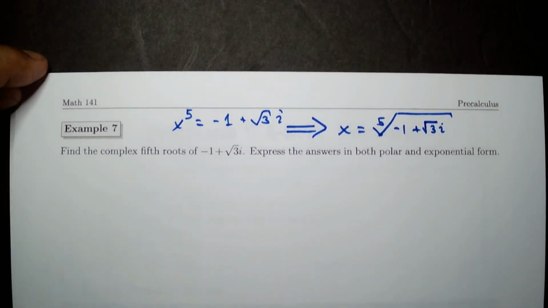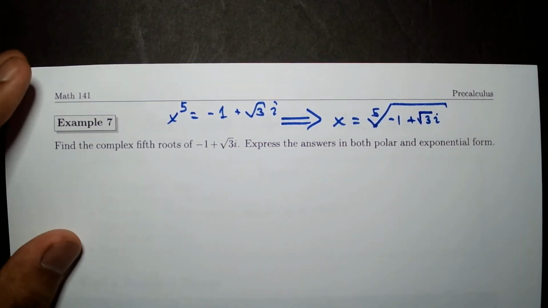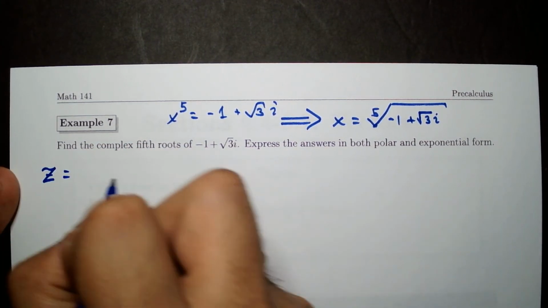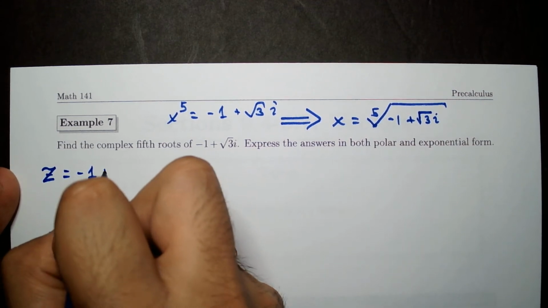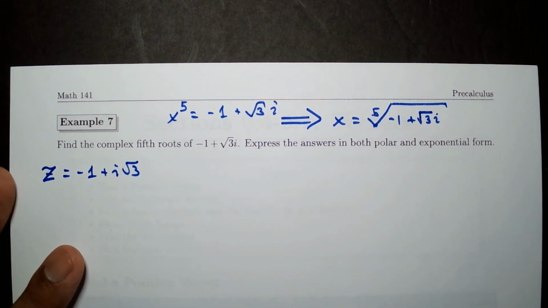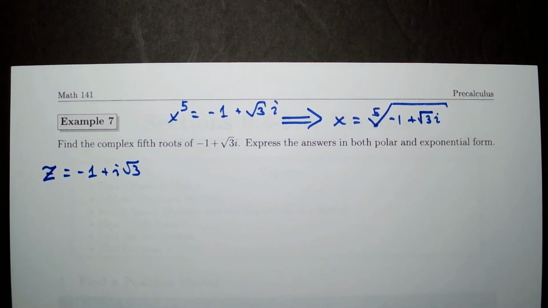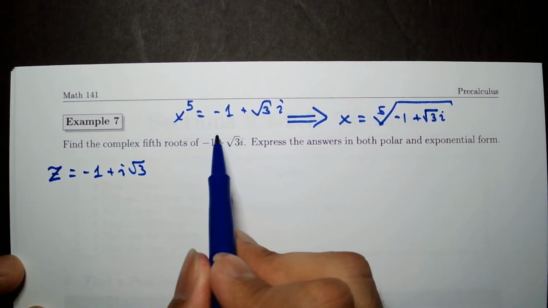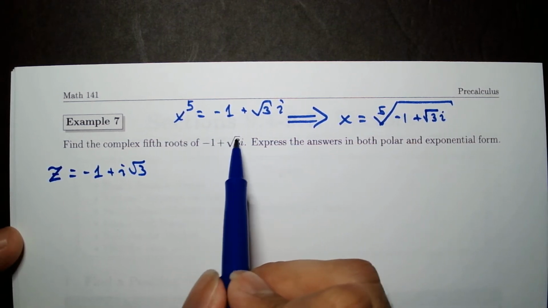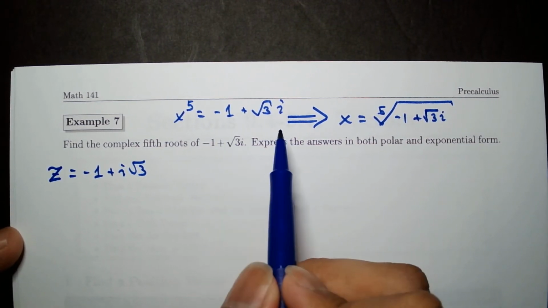Let me express the point z equals -1 plus i root 3. We don't need to have this point in polar and then exponential form.